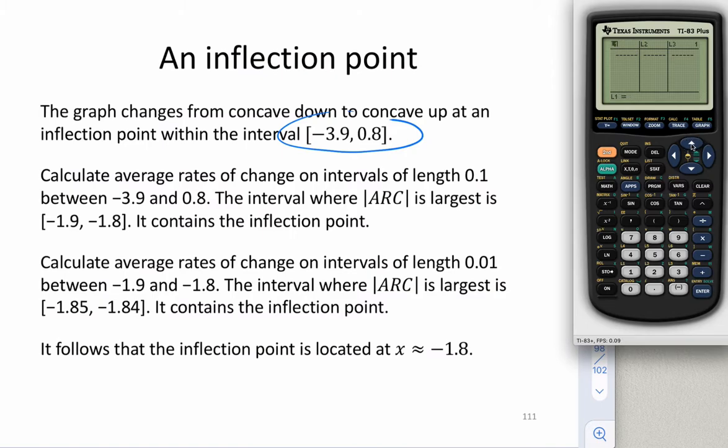So I'm going to generate the x-coordinates that I'm interested in by pointing up to L1 and running sequence, which is under the list menu, operations. So select sequence, and the first argument is x, comma. Second argument is x, comma. The third argument is where the sequence starts, and that's -3.9, comma.